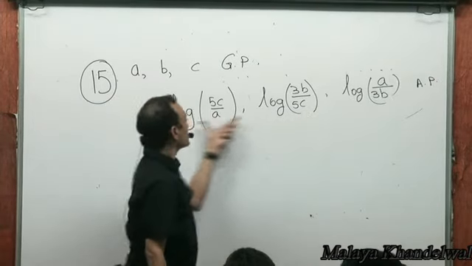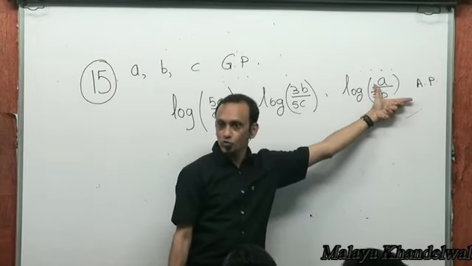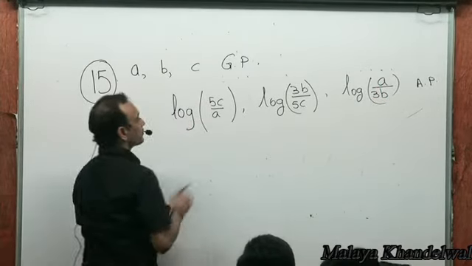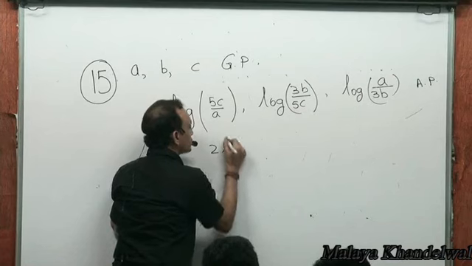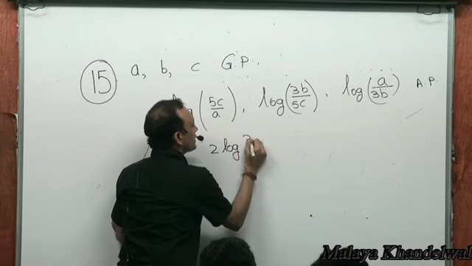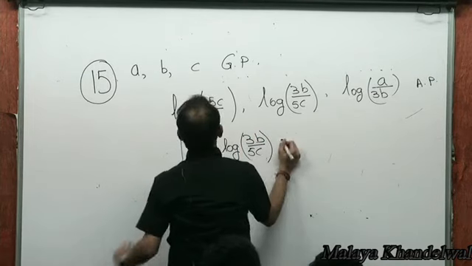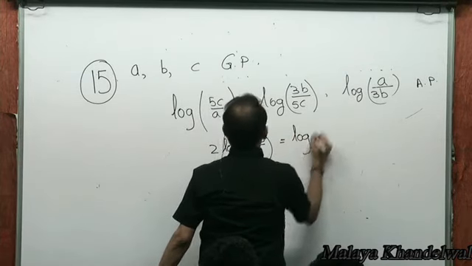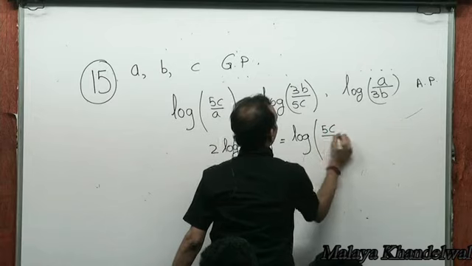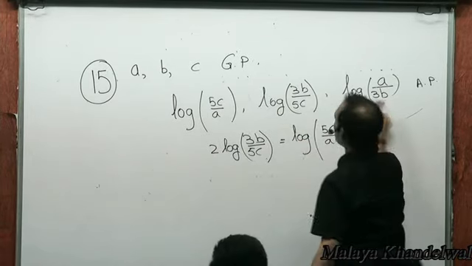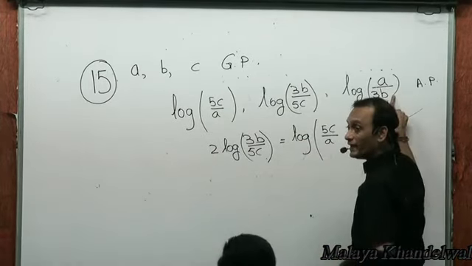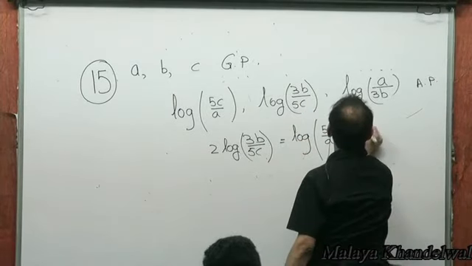Twice this must be this plus this. This is what it means, right? That means twice log 3b by 5c must be equal to log 5c by a plus log a by 3b. Now this plus this means log a plus log b is log ab. So 5c by a into a by 3b.